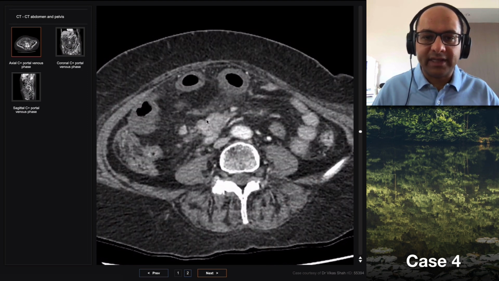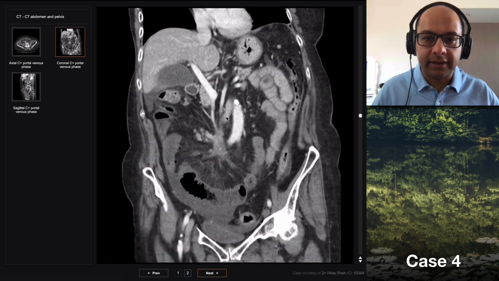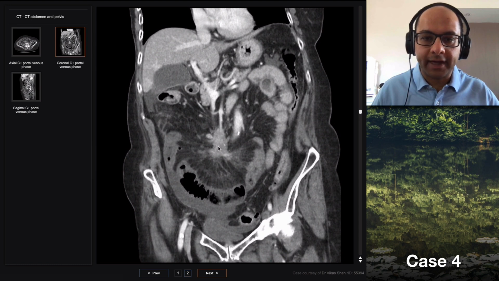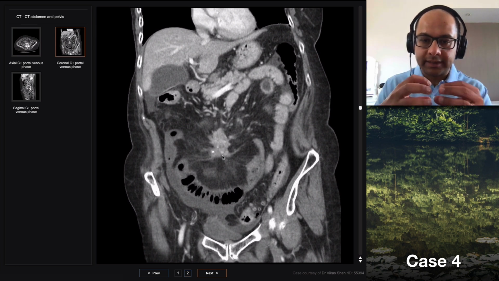It looks otherwise hyperdense. And then the coronal views are very helpful in showing that the superior mesenteric artery and vein run right into the center of this lesion. And all of this mesentery around it looks puckered and drawn in towards this lesion.